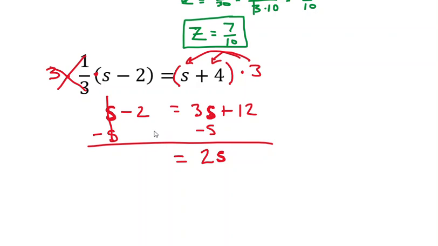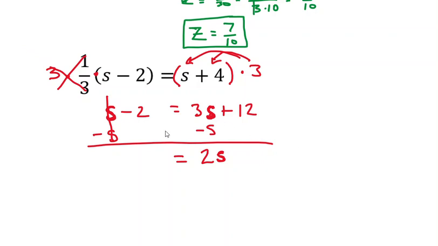Now, let me demonstrate combining steps B and C together. Step B says move all the s's to one side, and then move all the non-s's to the other side. Since the s's are on the right-hand side, I'm going to get any numbers without an s to the left-hand side.